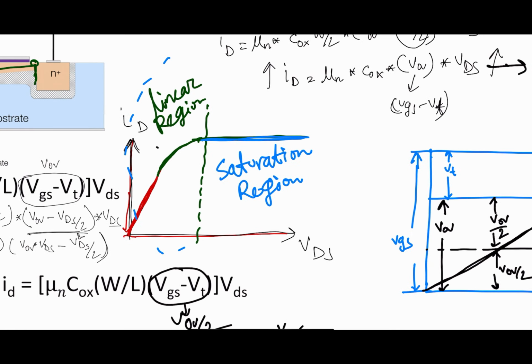Now you can easily understand why the MOSFET behaves like this, and why the curve is linear from here to here, parabolic from here to here, and saturation from here to here. I think you will easily understand this concept if you see my last video. But if you're new to my channel, please go to that video and check it first. After that, please see this one.